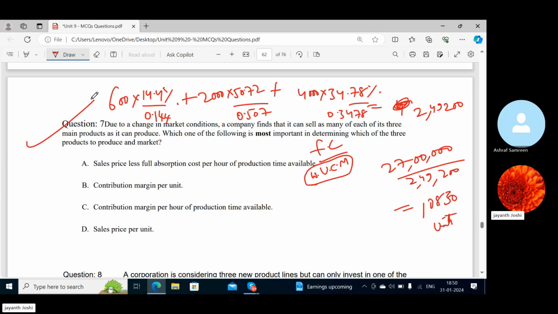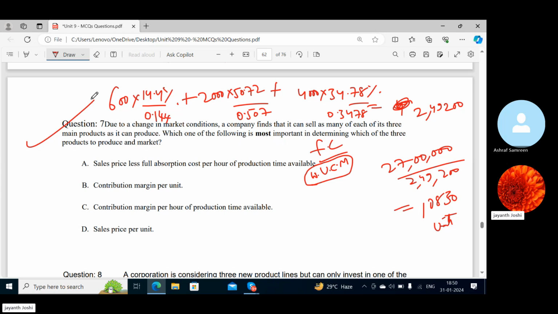And when it comes to overheads, they take the fixed manufacturing overheads and variable manufacturing overheads, right? So sales minus that full absorption cost per hour of production time available. So here they did not, like, they have to recover the fixed cost. But what is that here?